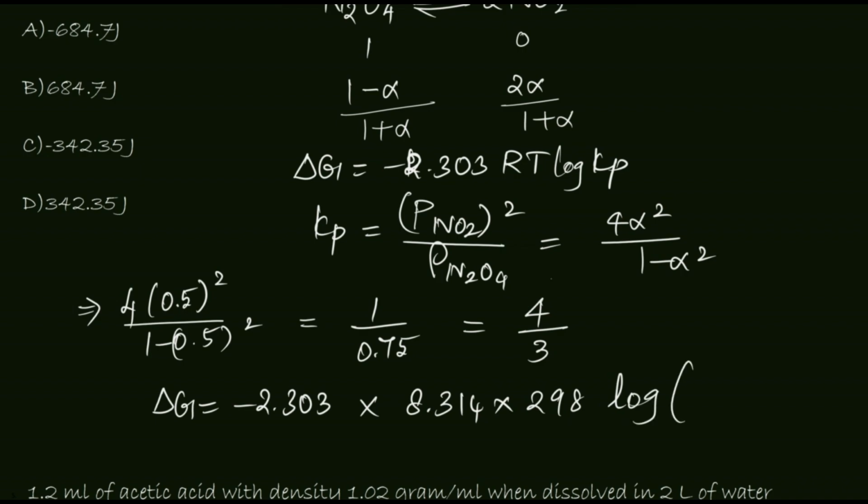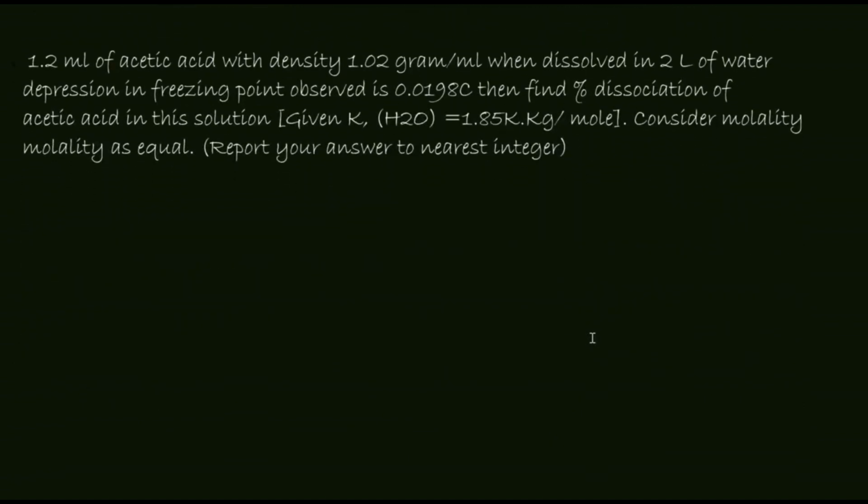Here I'm using log. Upon solving, you must end up with minus 684.7. You can round off because there are only two values given and the answers are far apart, 300 and 600. So you can easily round off.